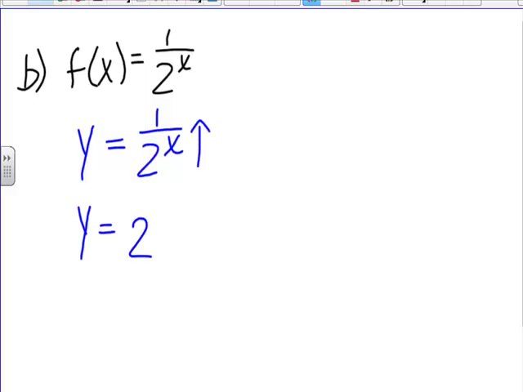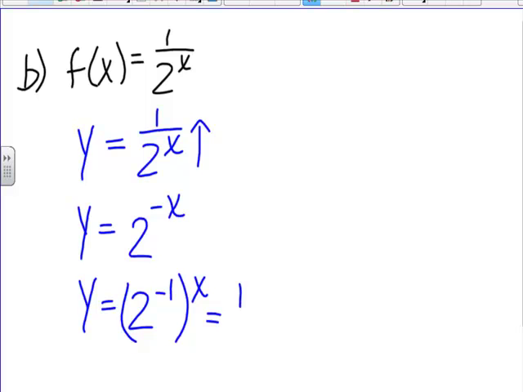So now that would become 2 to the negative x because my exponent is going to change. And if you remember, what this is the same as would be 2 to the negative 1 to the x power, which 2 to the negative 1 is the same as 1/2. So I'm basically just trying to kind of clean up what my base is going to be here.